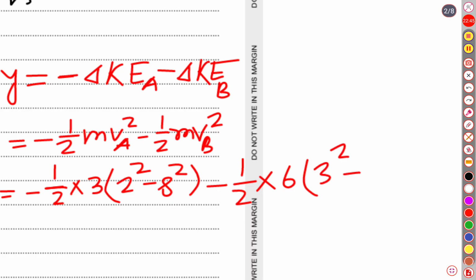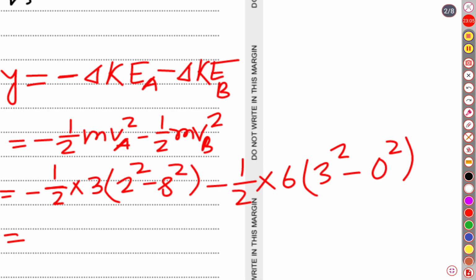Initial velocity was 0 because particle B was at rest before collision. If we simplify, 8 square means 64, 64 minus 4 means 60, and if we divide 60 by 2 it is 30.